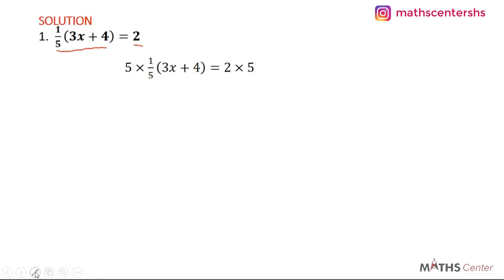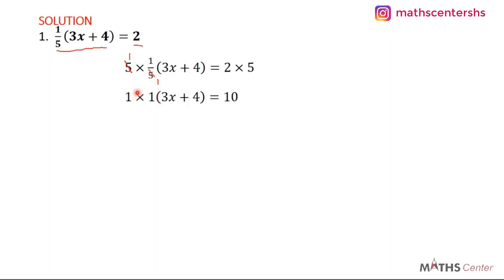We can see clearly from here that 5 will cancel 5. So you see we've cancelled this out. Now after you've done the cancellation, you see that you clear the fractions away. So here is 1 over 1, which is also 1.